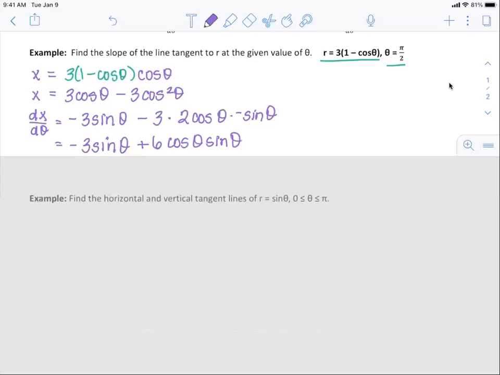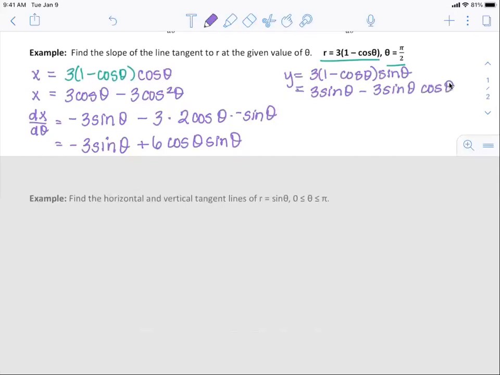Now, in a similar fashion, we need to find our parametric form of y, which is going to be, again, r, 3 times (1 minus the cosine of theta), times sine of theta. Okay, so we get 3 sine theta minus 3 sine theta cosine theta.